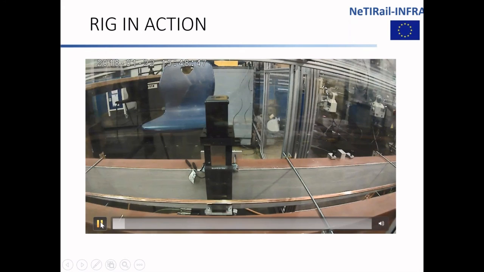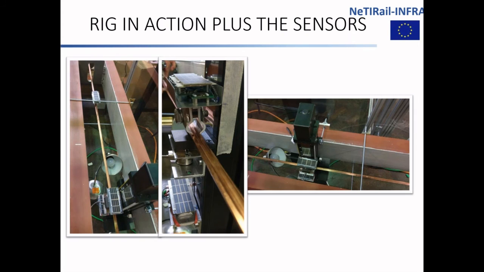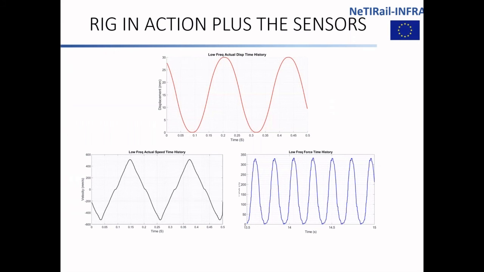This is the video, it should be a constant frequency. It allowed us to simulate different overhead line conditions, and then obviously to test the overhead line accelerometers, and there they are in situ. We can get outputs from the actuator.